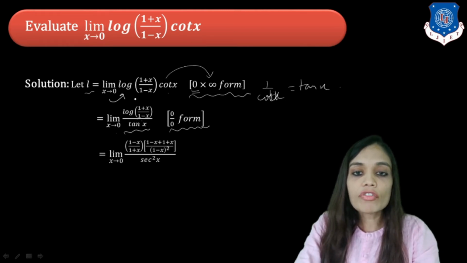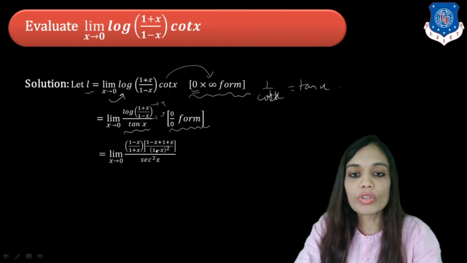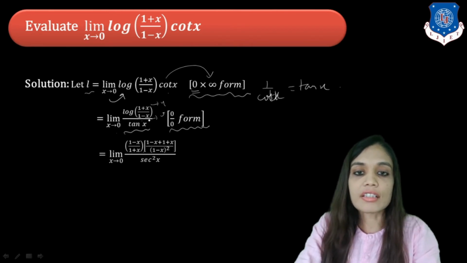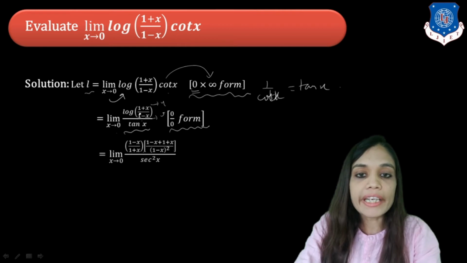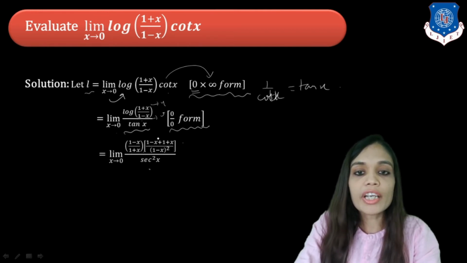So derivative of this term will be (1 minus x) upon (1 plus x), and now apply chain rule and apply your u by v rule of derivative. So you will get (1 minus x) whole square, 1 minus x as it is, derivative of u will be 1. Now keep 1 plus x as it is and derivative of 1 minus x will be minus 1. So minus minus plus. Now derivative of tan x will be sec square x. Now simplify this further.